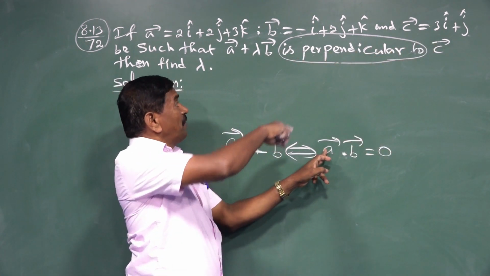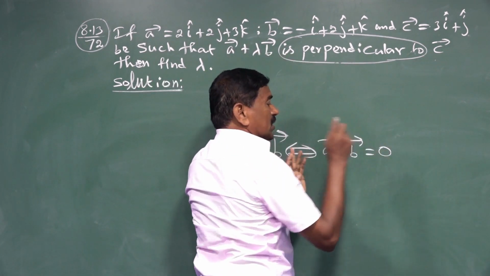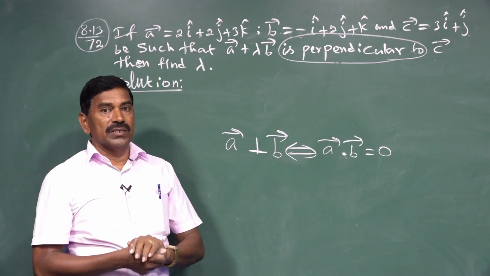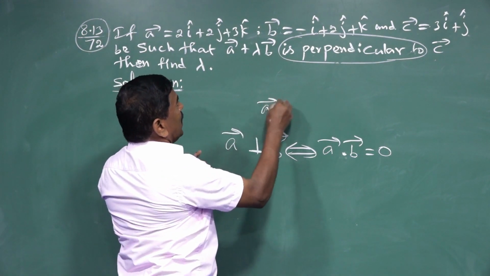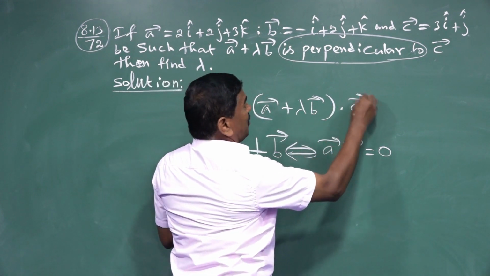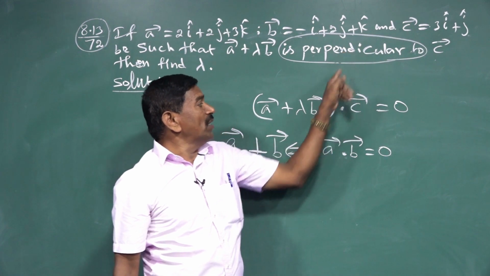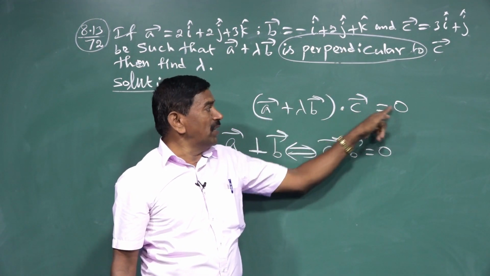First one dot second one equal to 0. So, it's the formula.